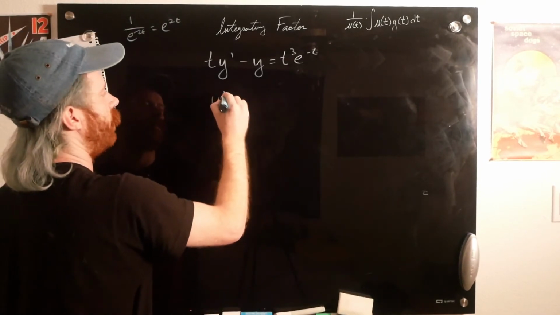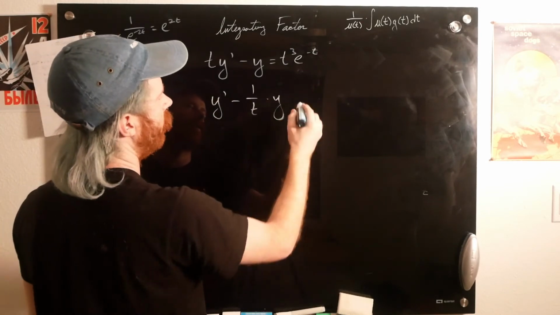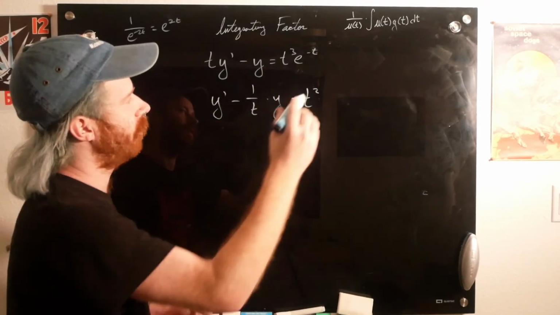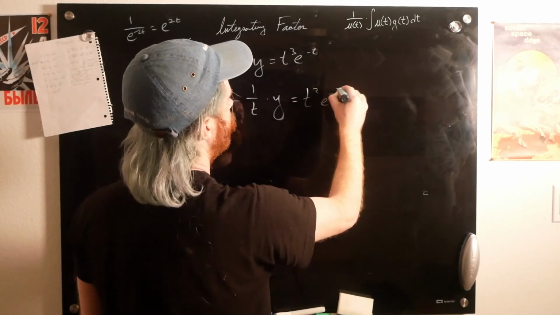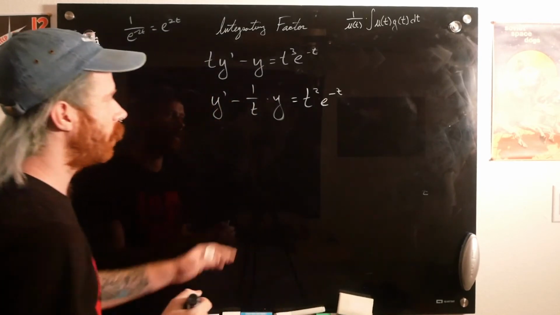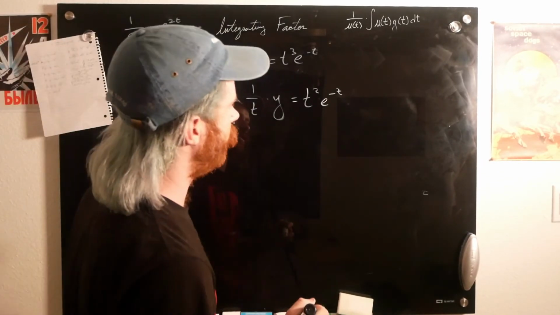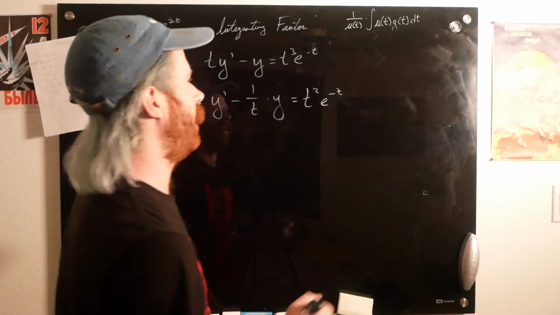So dividing t across, we have y prime minus 1 over t times y equals t squared e to the negative t, because we're dividing by t, so taking 3 minus 1 is 2. So now this is a form we can work with. Now we can define mu, and we can define g of t. Be careful, because of the negative, those things will mess you up so bad.